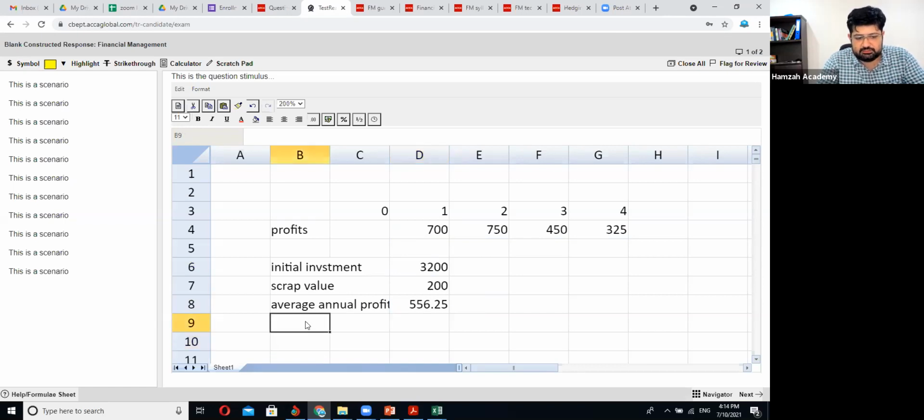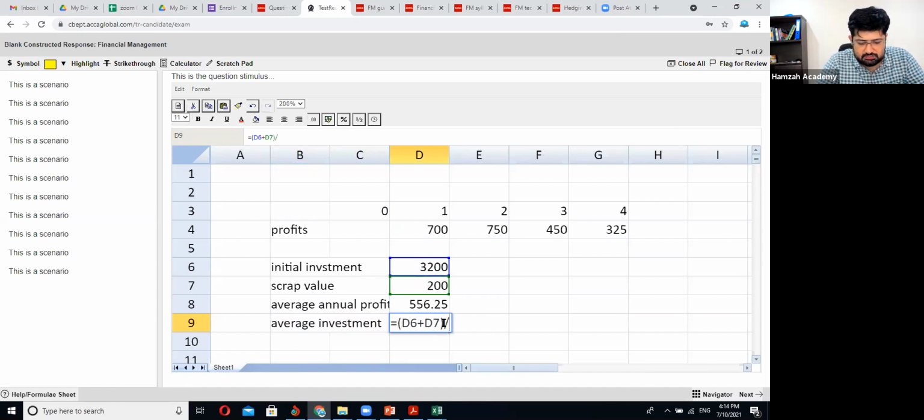Now, average investment is equal to this plus this, divided by 2. Now, students, ARR, accounting rate of return, is equal to average annual profit divided by this.